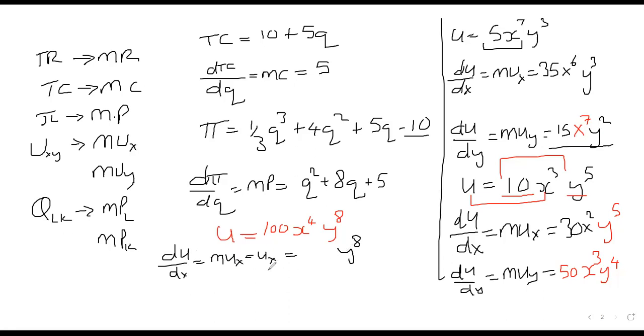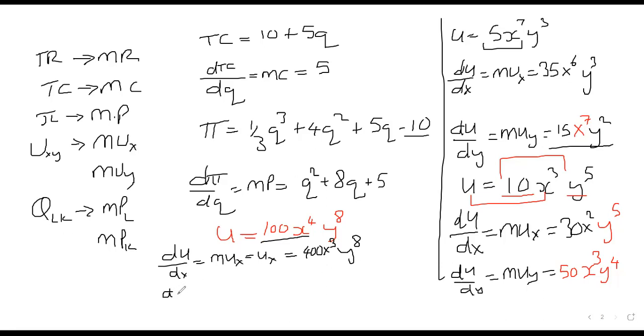Then we say 4 times 100, 400x, 4 minus 1, that's x cubed. So 100x4 becomes 400x3.